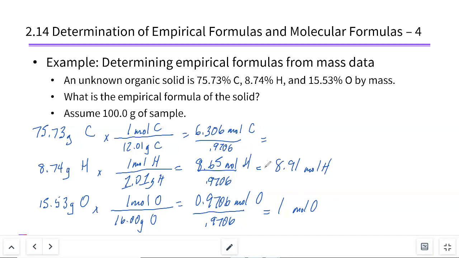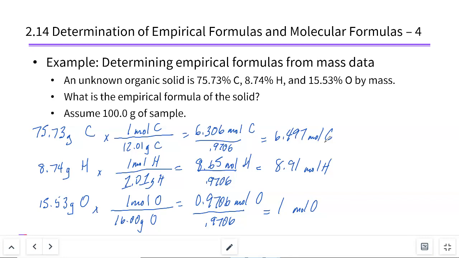And for carbon, 6.306 divided by 0.9706, I'm going to get 6.497 moles of carbon. Okay, a couple of really quick notes here. We've got one whole number.